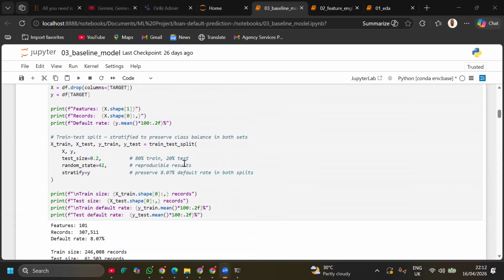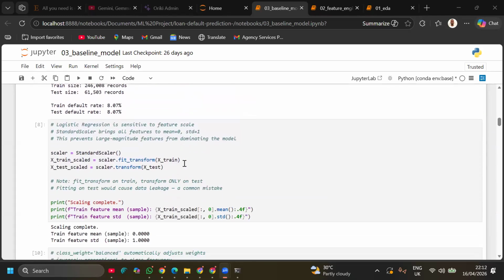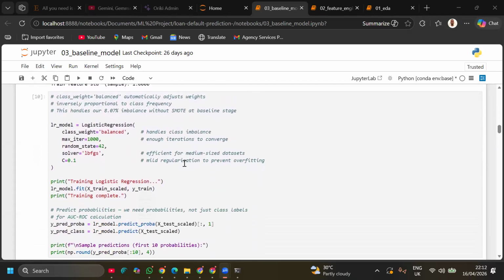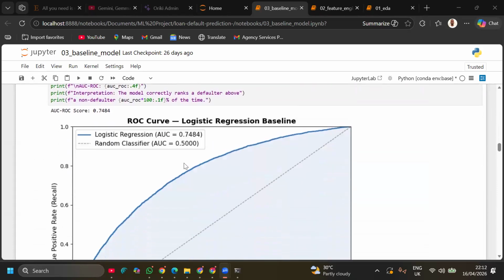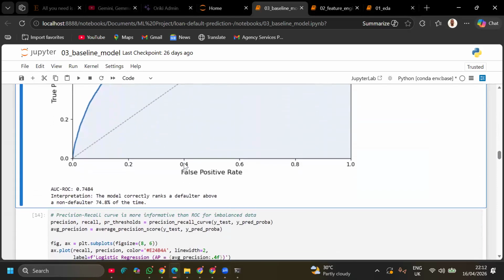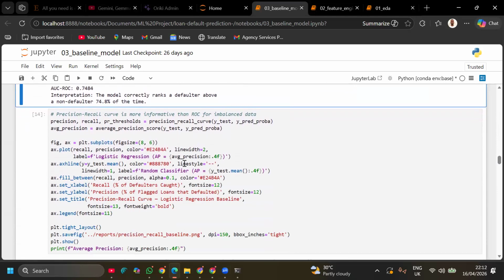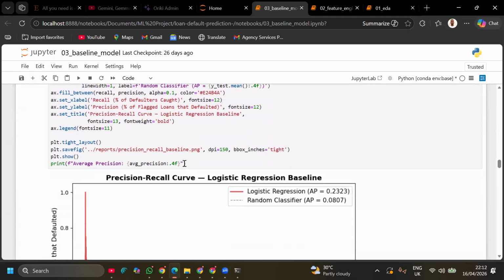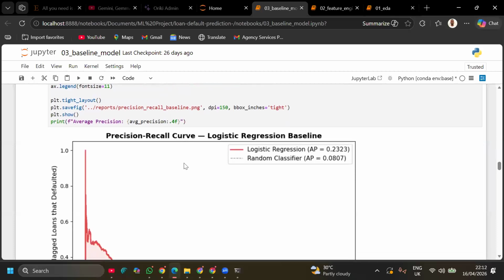All right. So looking at the logistic regression, we can see that it's telling us that 74% of the time you're going to see a default, right? So it's currently ranking a defaulter above a non-defaulter. So the accuracy of this model is 74%. That is what the logistic regression is trying to tell us.